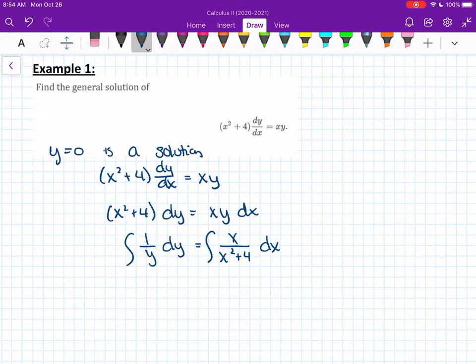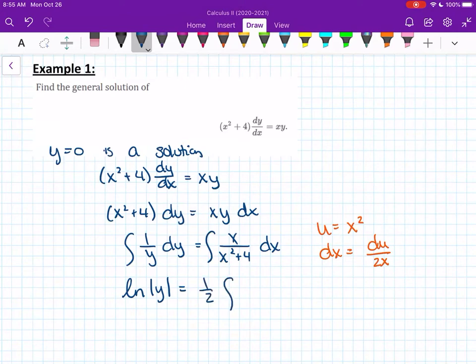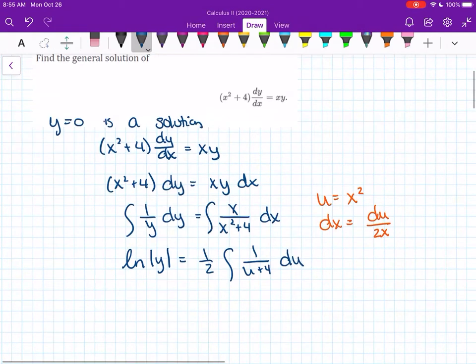Then I'm going to integrate both sides. And then on the left-hand side, we get the natural log of the absolute value of y equals, and then on the right-hand side, if I let u equal x squared, then I get that dx equals du divided by 2x. So then I'm going to have 1/2 the integral of 1 over u plus 4 du.